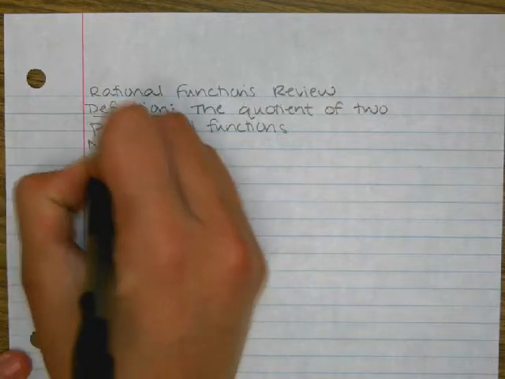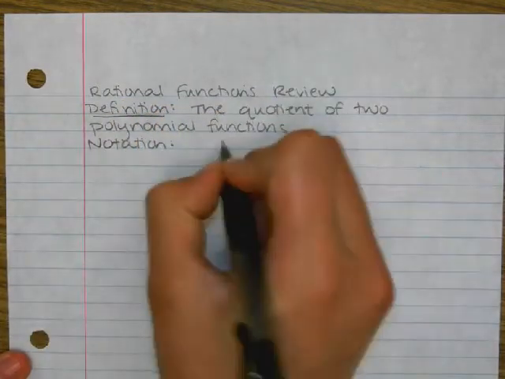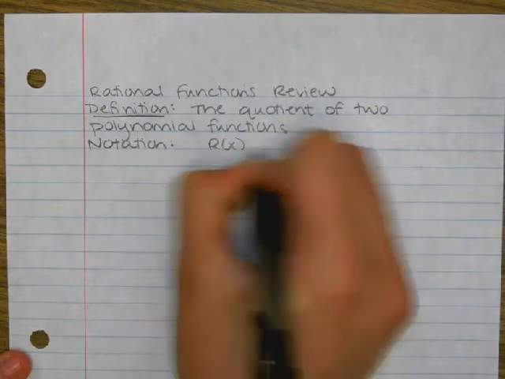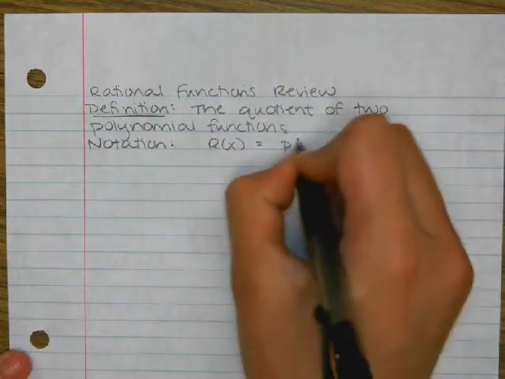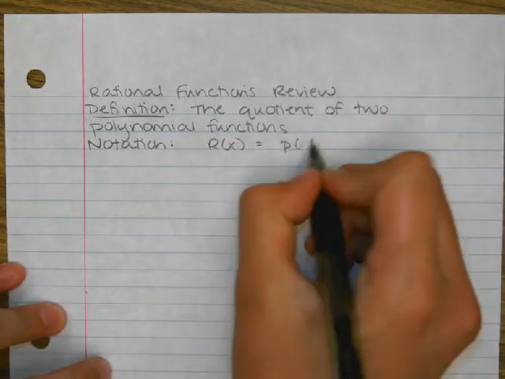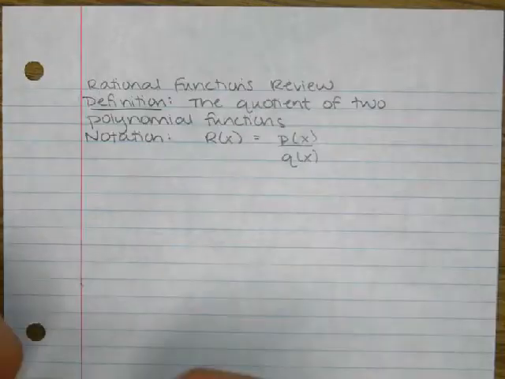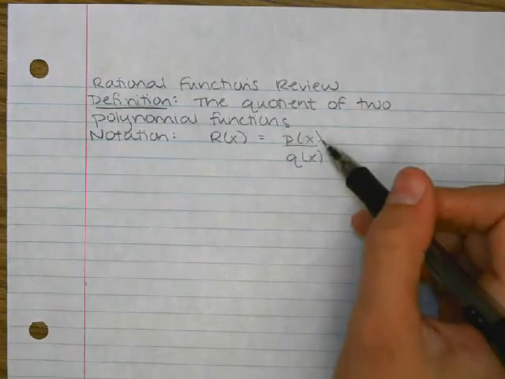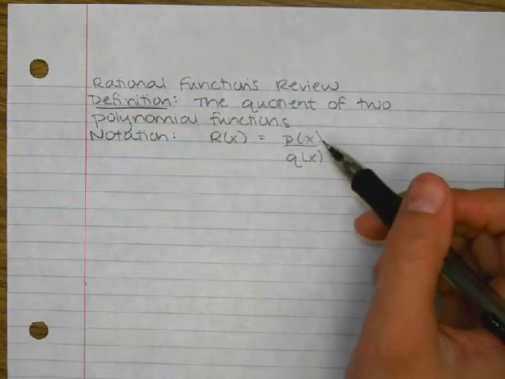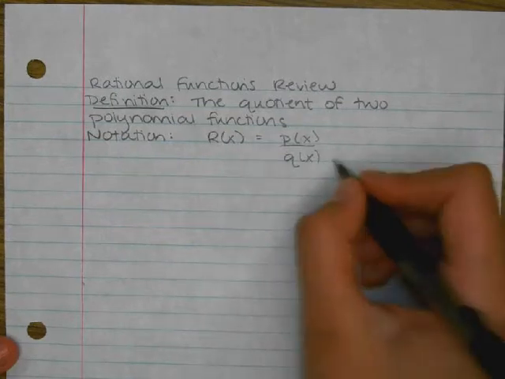So the notation for a rational function is going to be r of x, so r for rational, is p of x divided by q of x. So it's polynomial functions, those are like x to the fifth plus 5x to the fourth, something like that, or you might even see them in factored form, but it's polynomials.